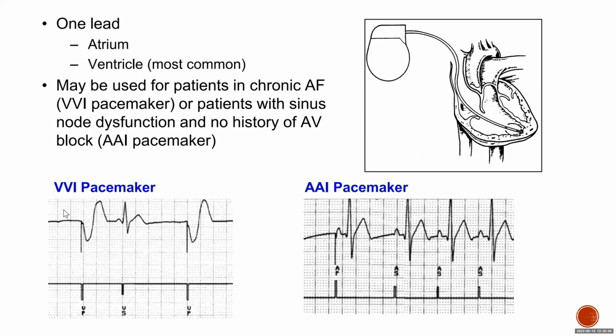The pacemaker paces, and this is the evidence of pacing, and it senses. How do you know it senses? Because it waits. It senses this and waits, depending on the rate we programmed, to pace the next beat. This is AAI, but I wouldn't worry about this. It's really not common nowadays.